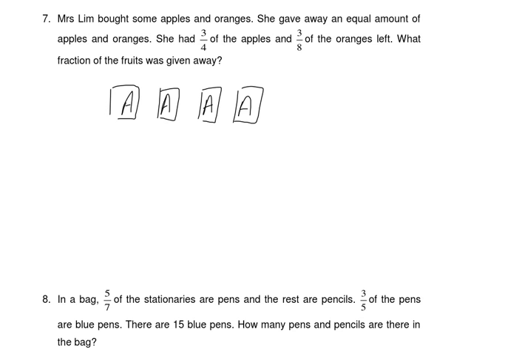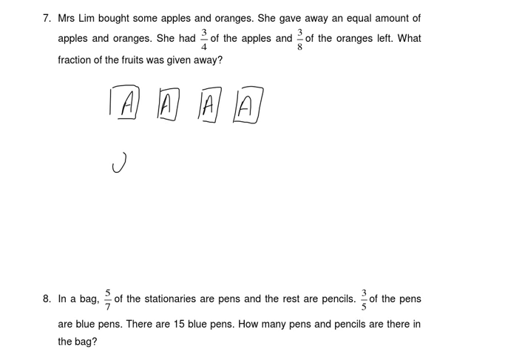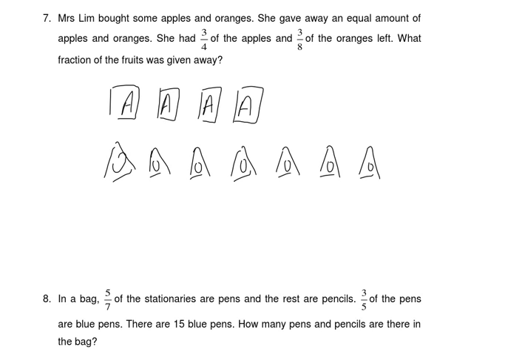So for oranges, we have 8 of them. Oranges, I use a triangle to represent oranges. So this is the part that is left, right? Yes or no? 3/8 and 3/4.